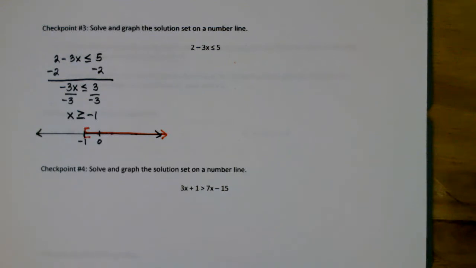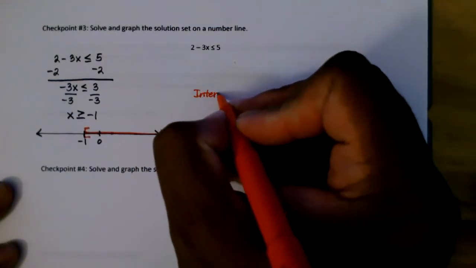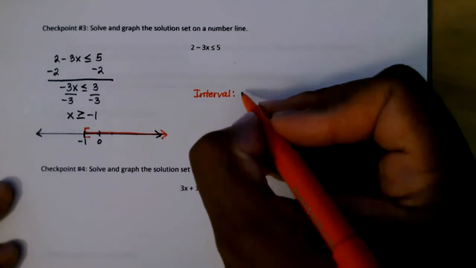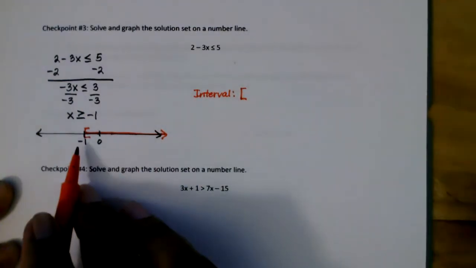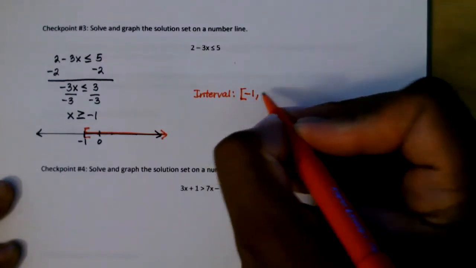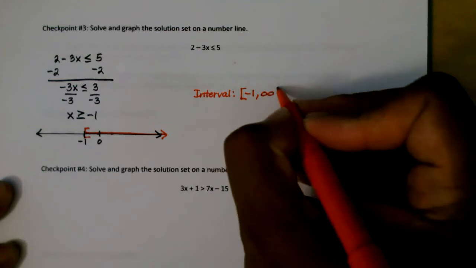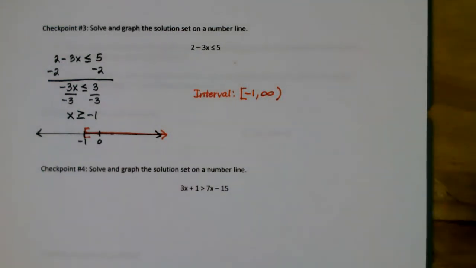Now, I think in the homework, they may want you to give your answer in either set builder notation or interval notation. Let me give you the interval notation, and then I'll give you the set builder notation. In interval notation, from left to right, the bracket is at negative 1, so we have negative 1 with a bracket. This goes on indefinitely to the right, so that means infinity.